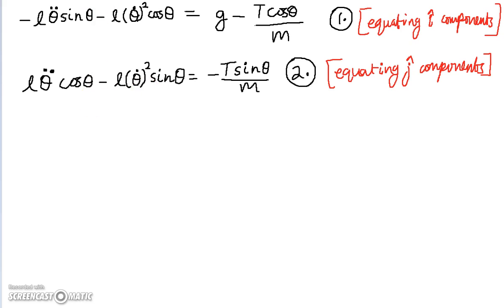First of all, we notice that there's a negative T divided by m, negative tension divided by m, in both equations 1 and 2. That's a start; we're going to work from there.